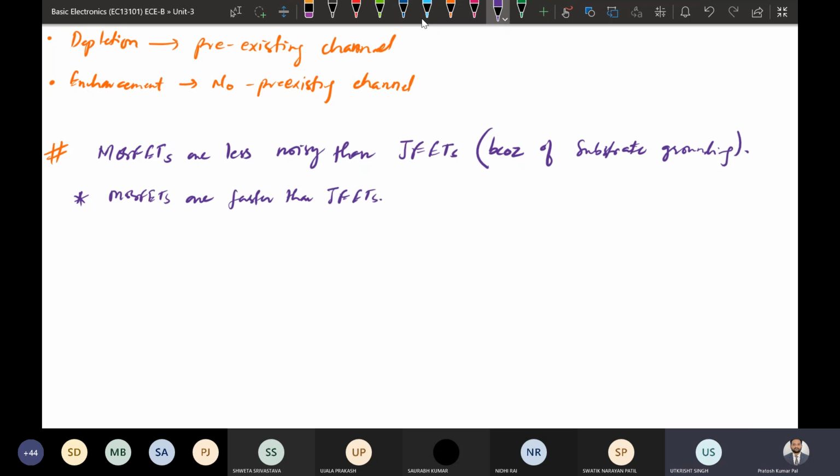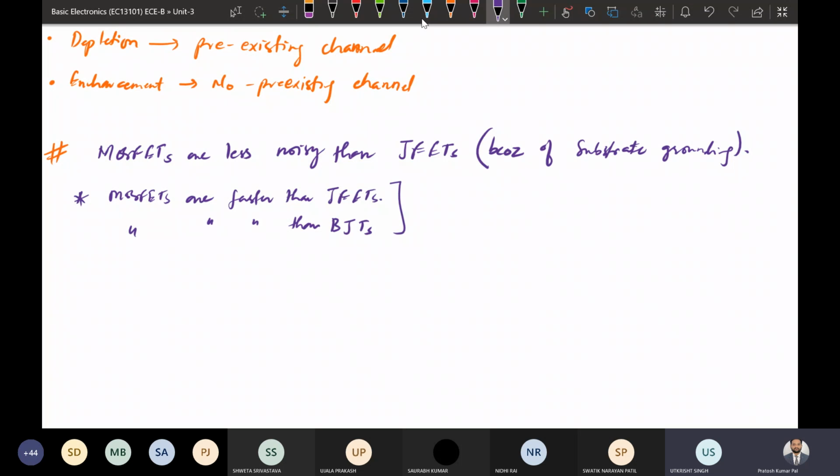MOSFETs are considered to be faster than JFET, and in comparison to BJTs also, these MOSFETs are faster than the BJTs. So from these two, the MOSFET shows a faster speed.